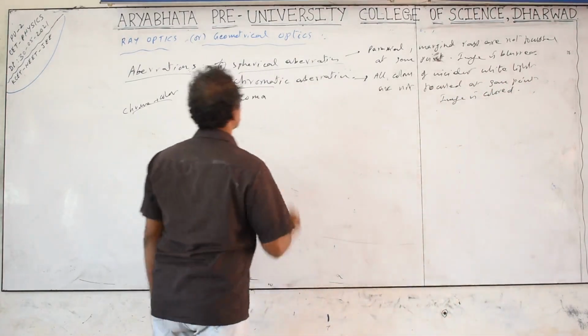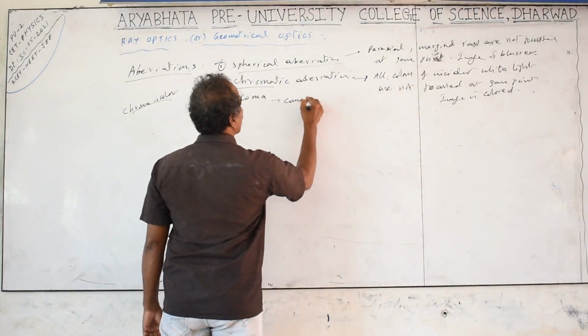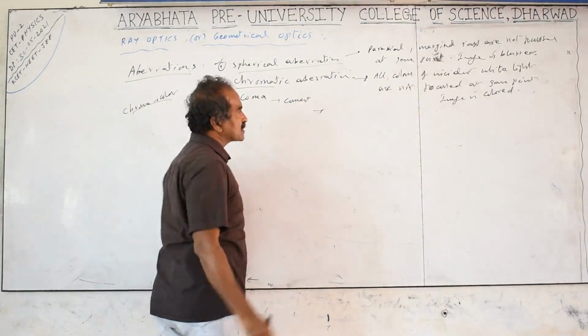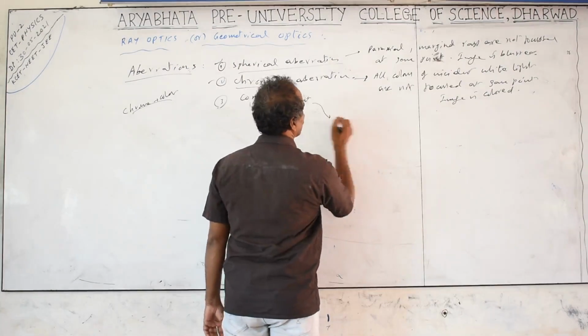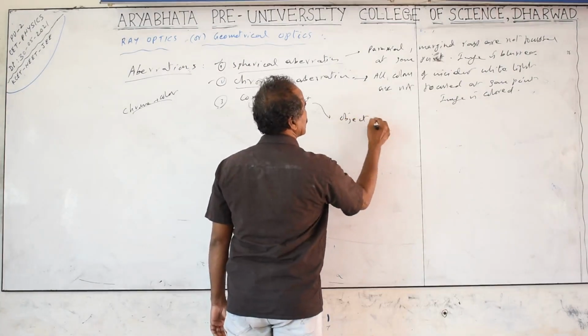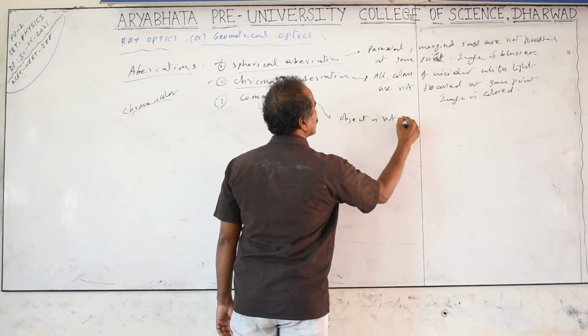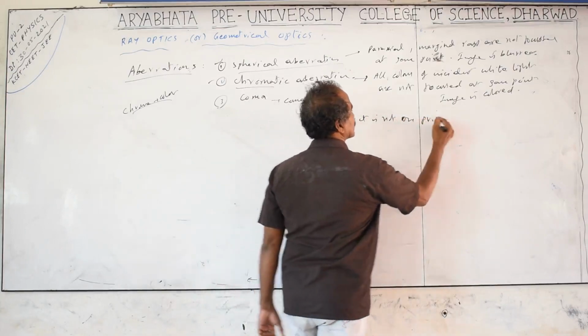Coma is actually a name taken from comet. In this case, what happens is the object is not on the principal axis. It happens when the object is not on the principal axis.